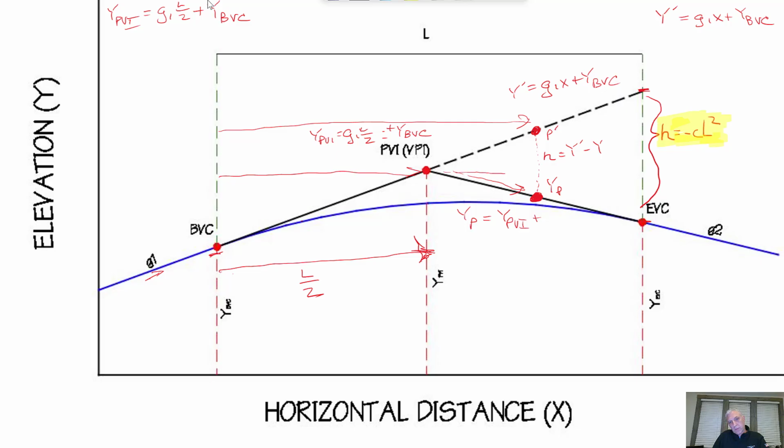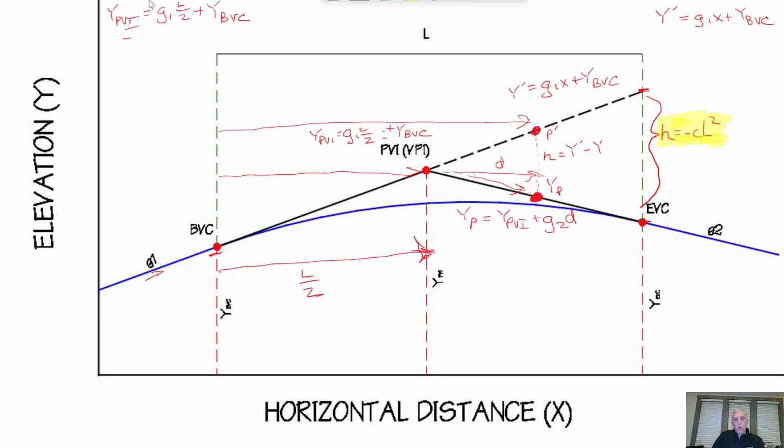Let's call that D, just so we're not getting the x's confused, plus G2 D, right? Isn't that true? I mean, the y of our point then is equal to y PVI plus G2 D. That's just the slope of another line.